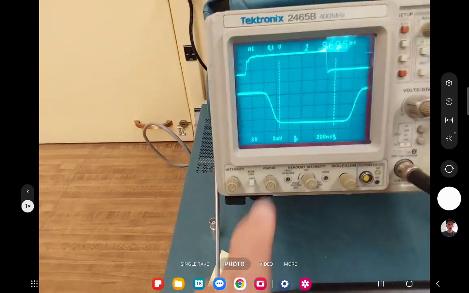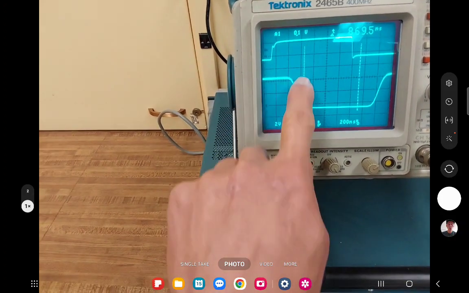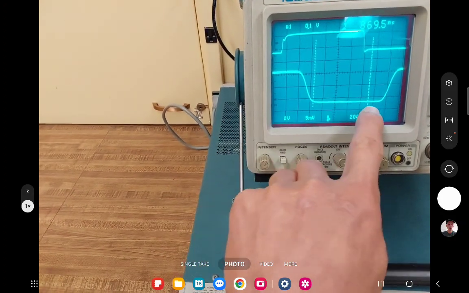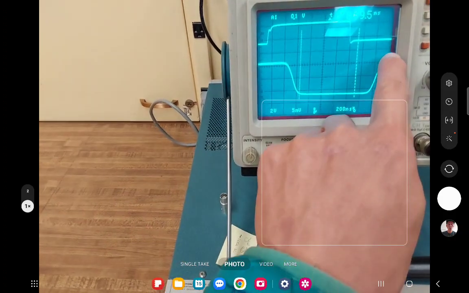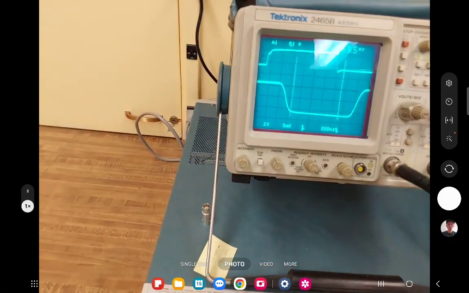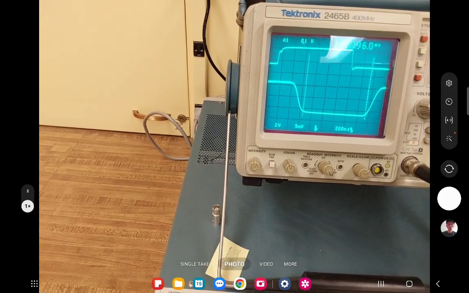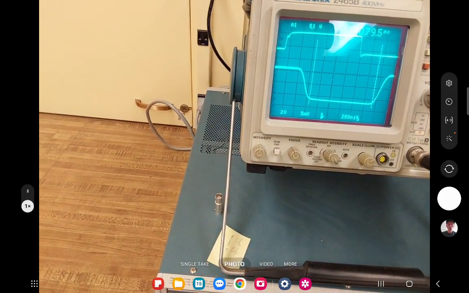Okay, so I didn't move this cursor. I'm going to leave it there, but I'm going to move this cursor to mark the location of when the light shows up. So that is around in there somewhere, right?